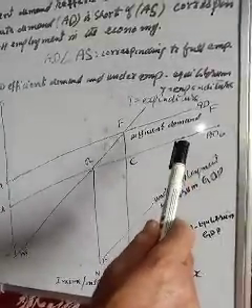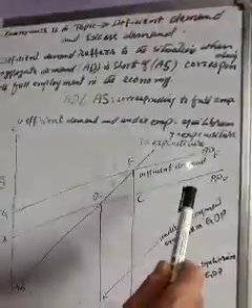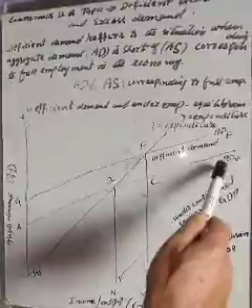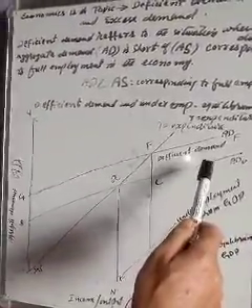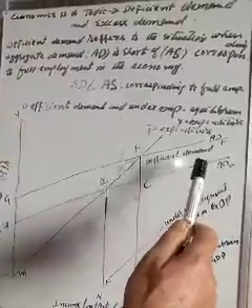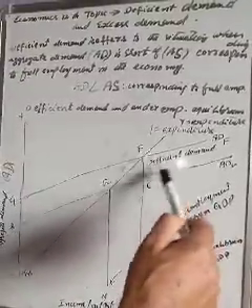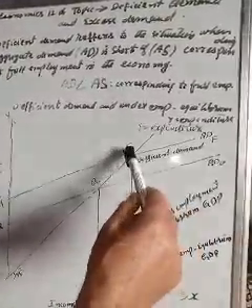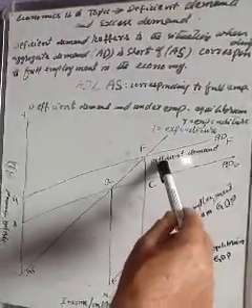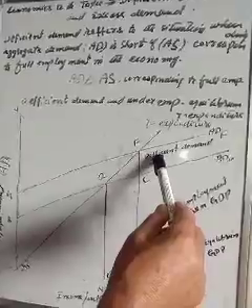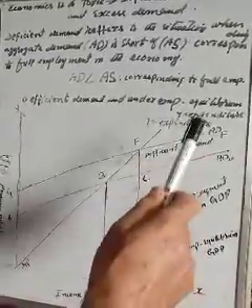The vertical difference between ADF and ADU shows deficiency of demand. This difference, F to C, shows deficiency of demand for achieving full employment.